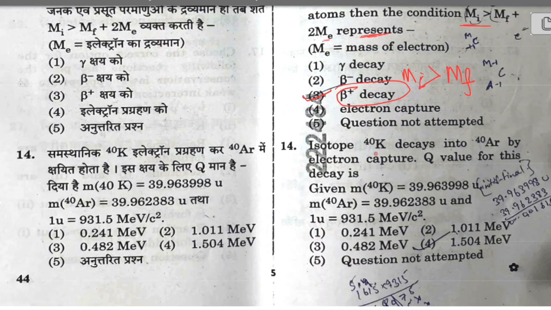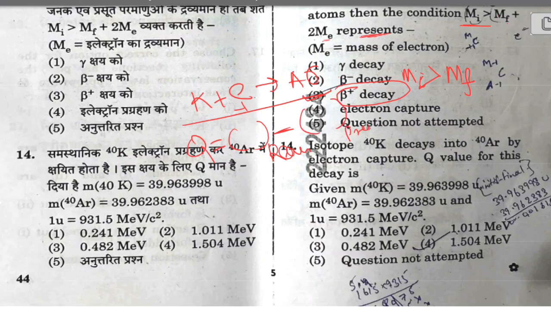Next, the isotope potassium decays into argon by electron capture. The Q value for this decay is? You can write this equation: potassium plus electron gives rise to argon. For this nuclear reaction, it is asking to calculate the Q value, and we know the Q value is the rest mass energy of the reactants minus the rest mass energy of the products.